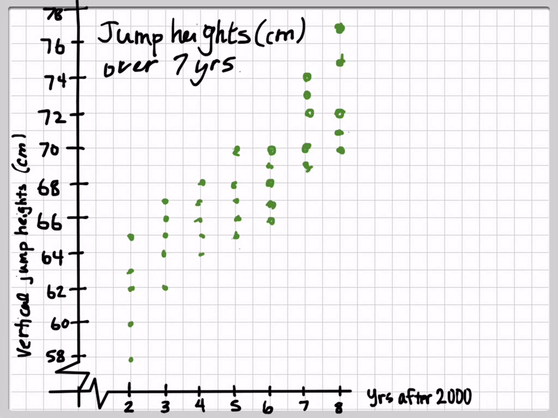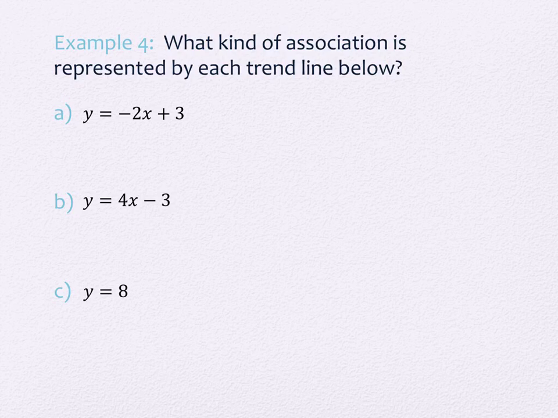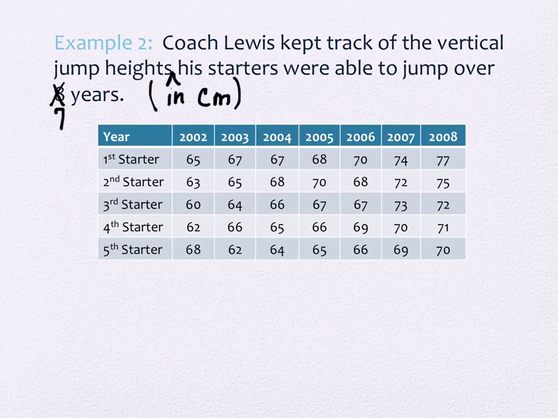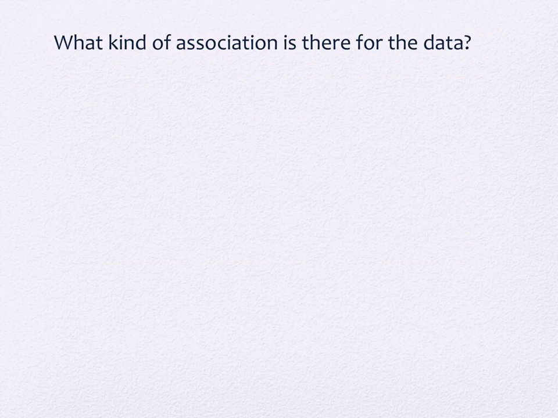There's one other thing that it asked us to do right above this sort of space where your graph is. It says, what kind of association is there for the data? You guys see that? This data, what kind of association is it? Well, the question's actually asking you, over time, what's happening? As the x values increase, what are the y values doing? They're increasing. So we call that a positive association.